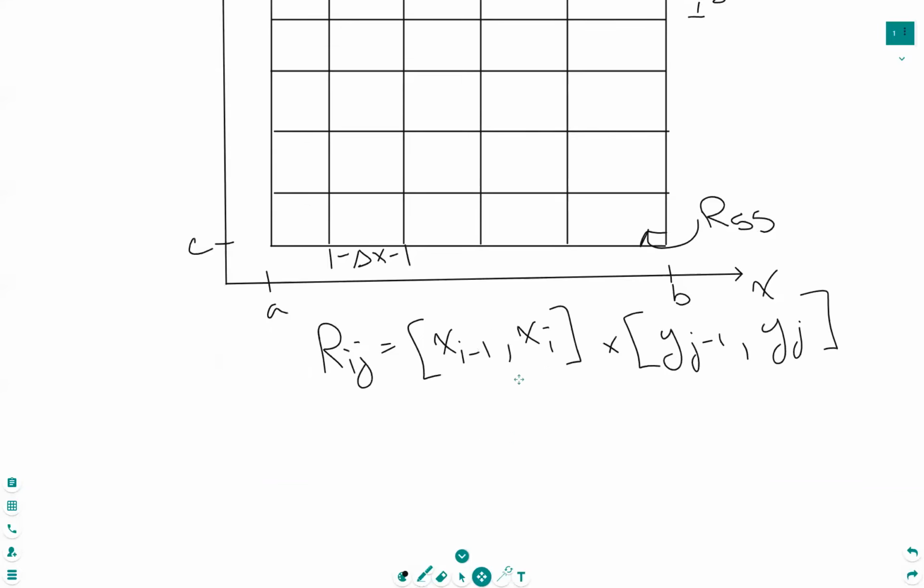But let's figure out what to do with each of these rectangles.